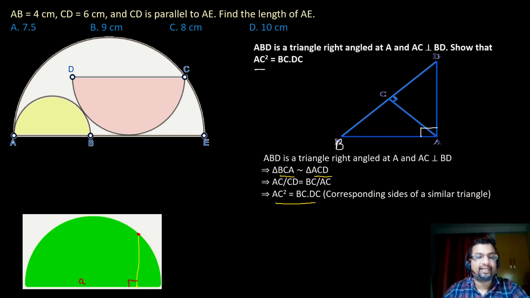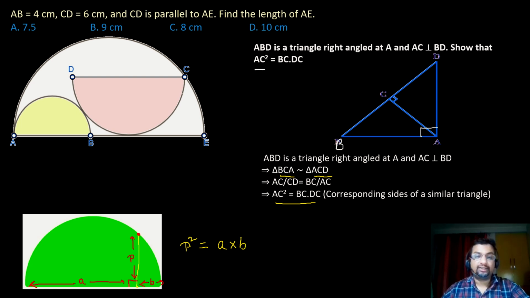Let's say the length of this part is A, and the length of this part is B. And the perpendicular I am assuming as P. So what is the theorem here? The theorem says P square, the perpendicular square, is equal to the product of the two parts of the base, A times B. This is the theorem.